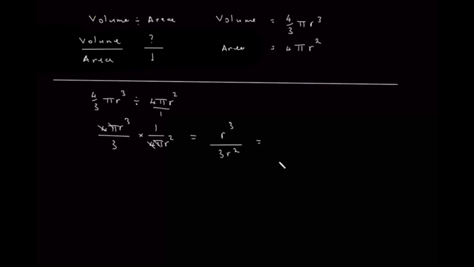Now that is the same as r times r times r. Underneath we have 3 times r times r. Cancelling out, we end up with r/3. Hence the thirds in the progression.